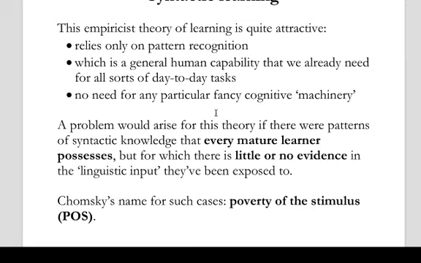Well, the stimulus here is the language learner's input, what you've heard as an infant or as a child. And the claim in these particular cases, which we'll get to shortly, is that that input is not rich enough in the details you'd need to have seen in order to learn the adult grammar. Therefore, the input is impoverished in the kinds of data or language input that you'd need to see.